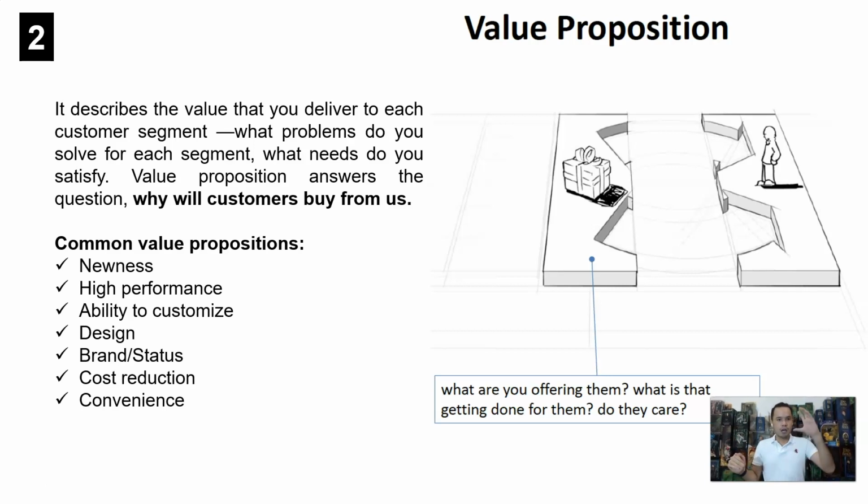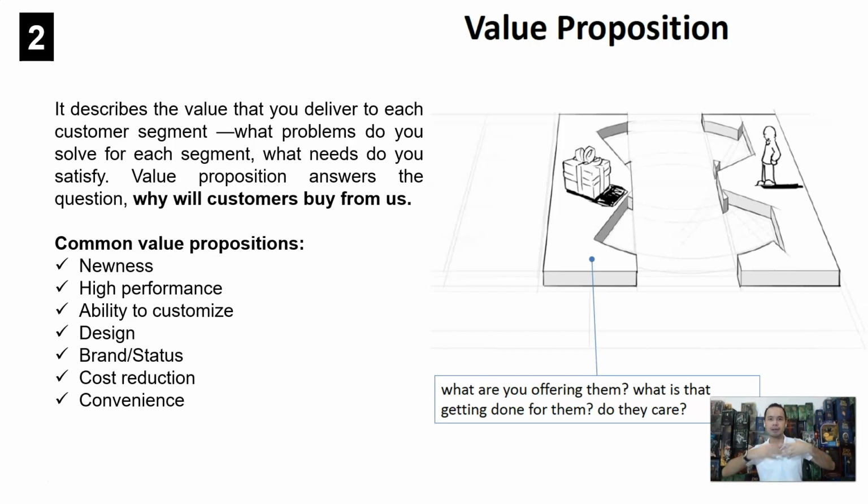Okay. Value proposition ini kena menjawab customer segmentation itu. So basically, you are explaining why your product or your services is valuable for that customer segmentation.